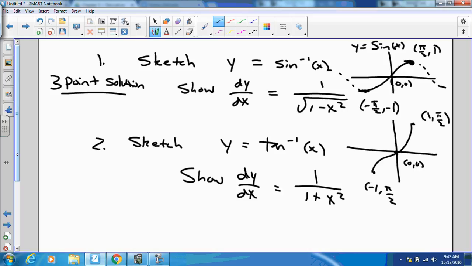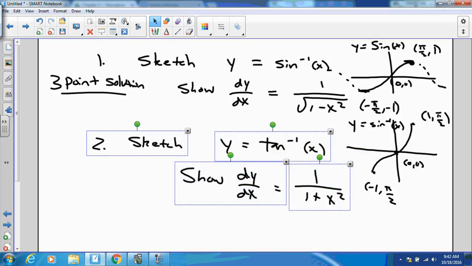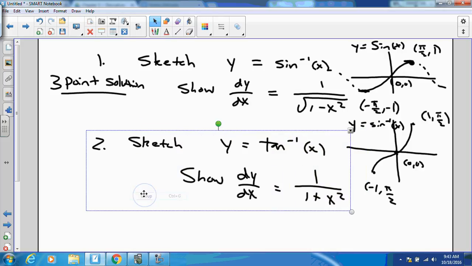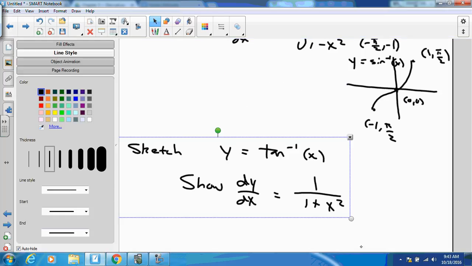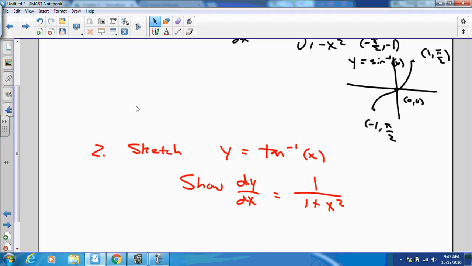For inverse tangent, and let me pull this down and make it in a different color. We're going to do the same kind of thing.